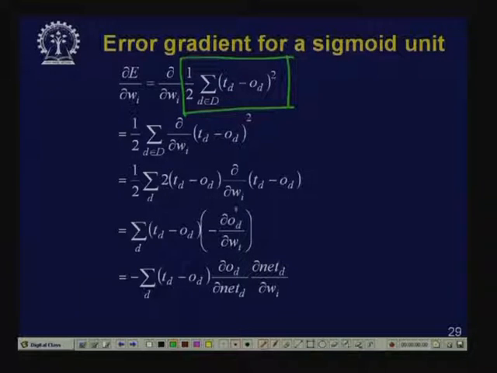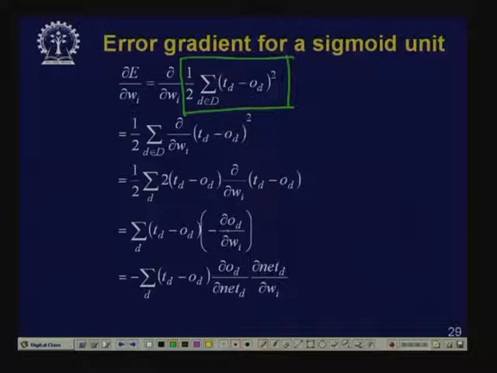Then what is del del Wi of Td minus Od? It is minus del Od by del Wi, because Td does not depend on the Wi. Od depends on Wi. How? Because Od is obtained by doing the summation and then the sigmoid.